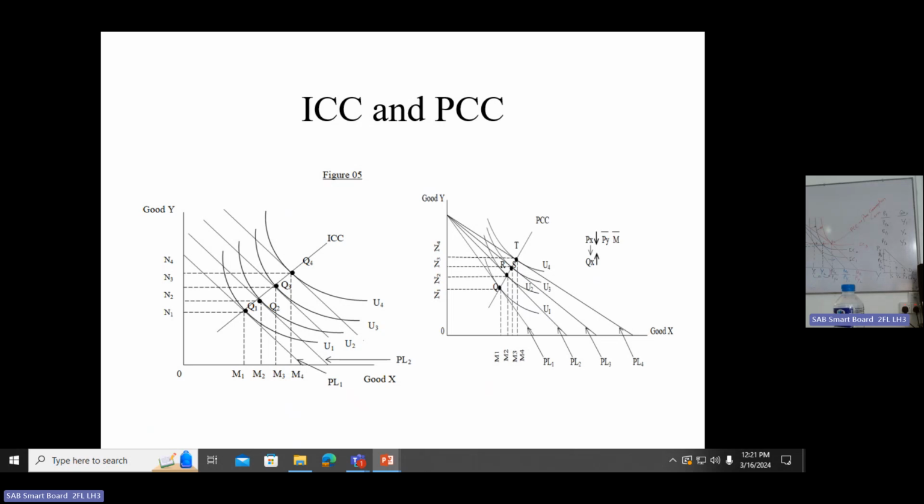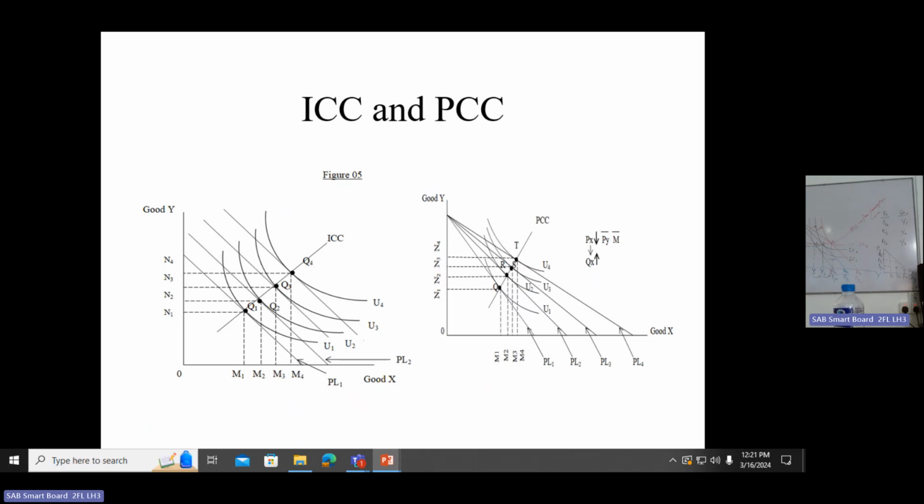So by combining these equilibrium points, we can draw the income consumption curve, because the entire income changes. Based on that, the equilibrium also changes from E1, E2, E3, E4 like that.